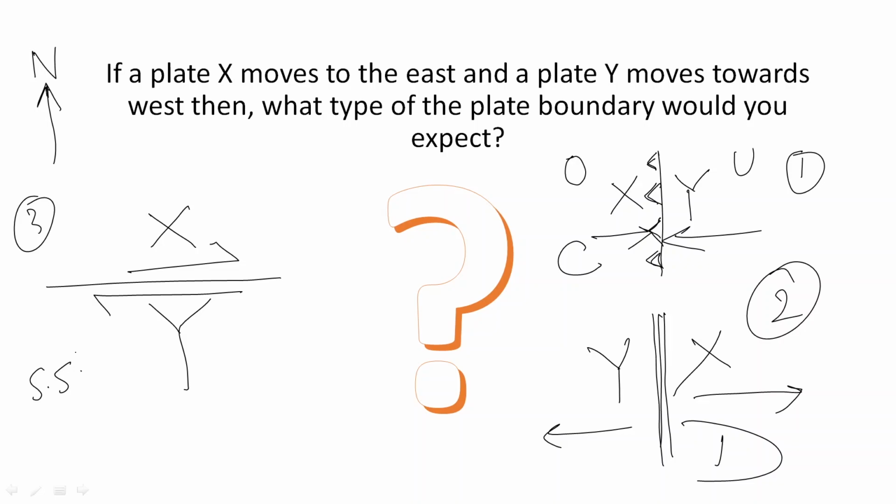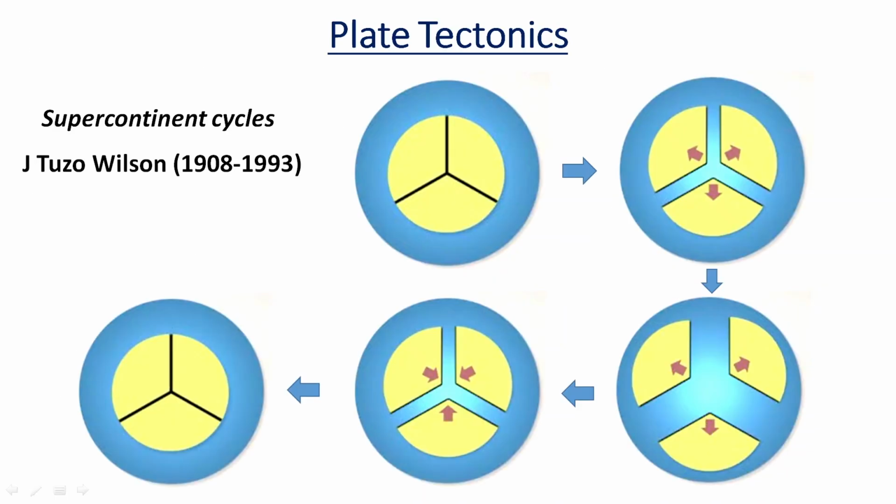So, these are the three plate boundaries you can always think of with the same arrangement of the plates, but depending on which side your plate is moving, the plate boundary will be divergent in nature, convergent in nature, or strike slip in nature.